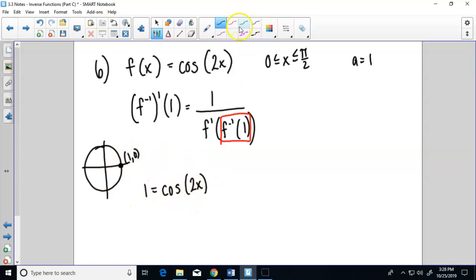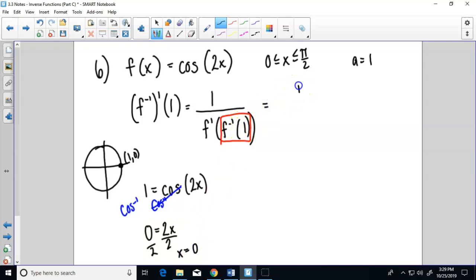So what you're doing here is like you're doing cosine inverse of both sides. And so when you find cosine inverse of 1, you're asking yourself, where does cosine equal 1? That is at 0. So you get 0 equals 2x, and then just divide by 2. And so x equals 0. So the f inverse of 1 is going to be 0.